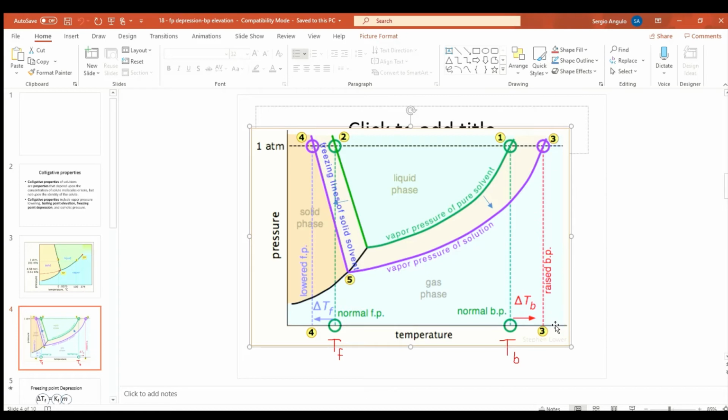Okay, so we have an increased boiling point. And so we represent this boiling point change as delta T subscript B. Once again, the T subscript B represents the boiling point, or the boiling temperature. And the delta represents the change, because we started off here, and by adding solute, that boiling temperature changed, and now it's over here.